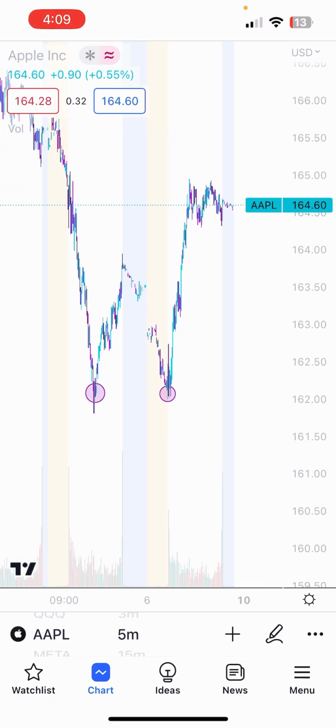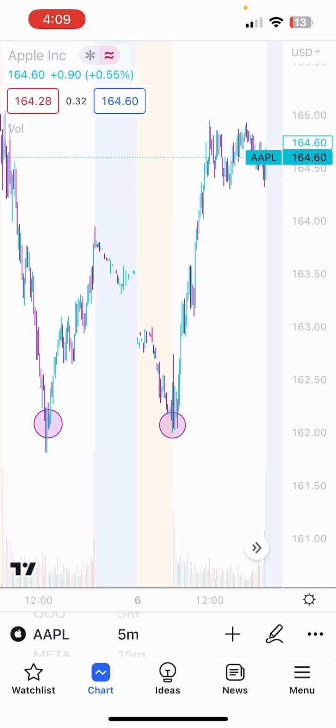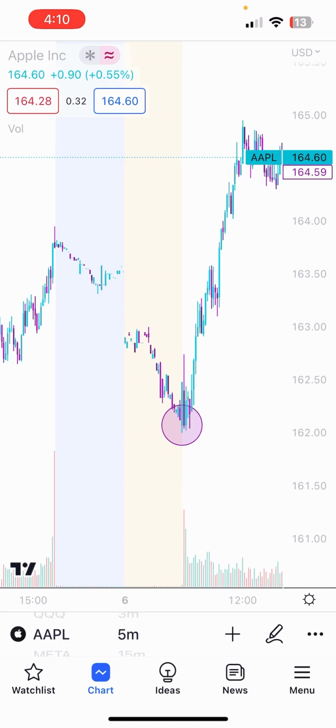So there you have a double bottom. It's just a level where the price goes back to before exploding to the upside. That's the double bottom pattern.